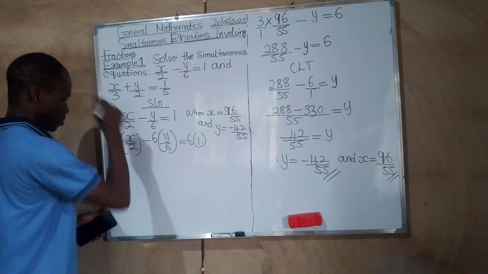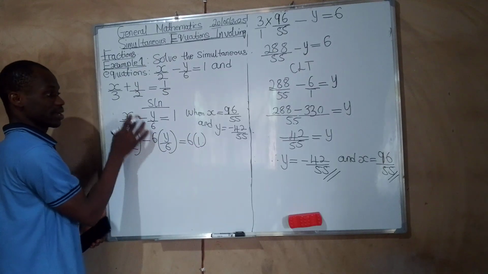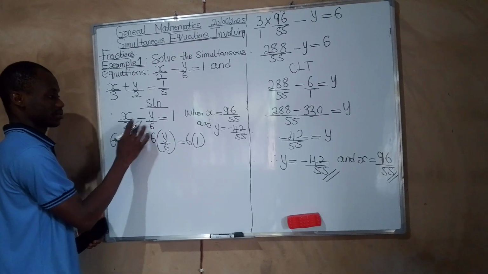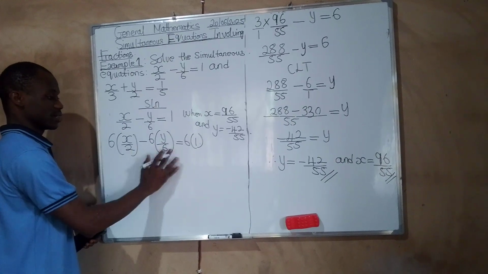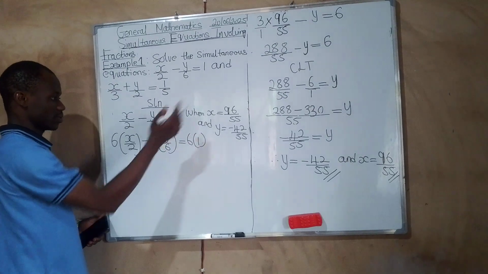What are we trying to do? We're trying to make sure that it is a linear equation. We can even solve this without this, but we don't want confusion, but I will still do that the other way. So let's do this first.